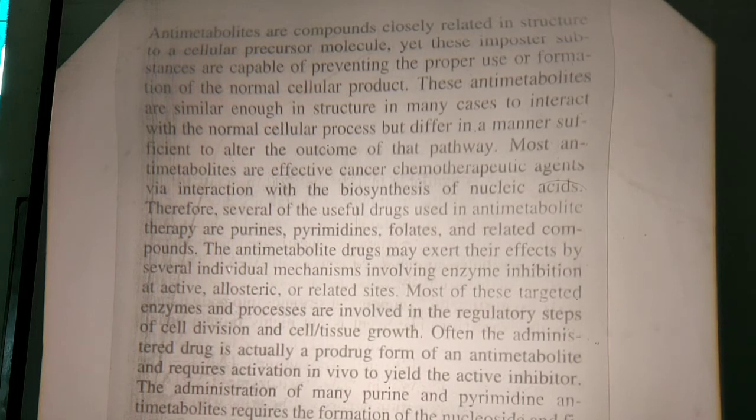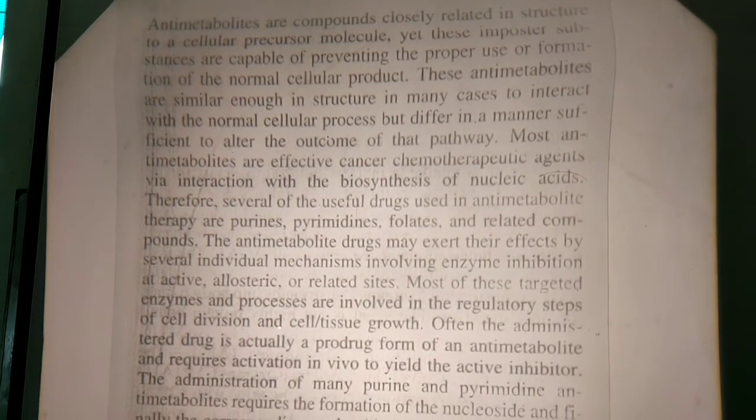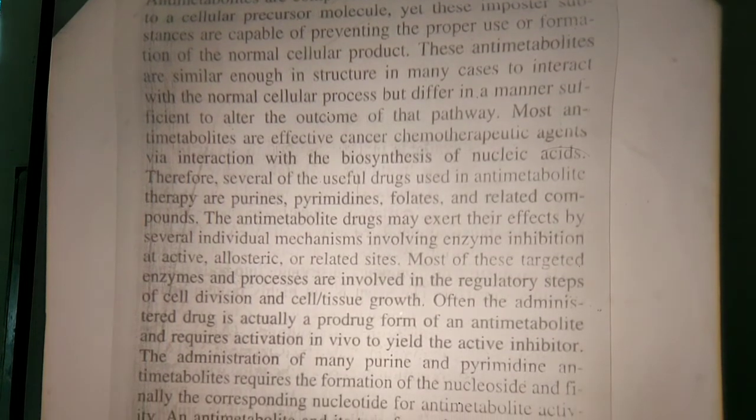The antimetabolite drugs may exert their effect by several individual mechanisms involving enzyme inhibition and active or allosteric sites, mostly enzyme inhibition. Most of these target enzymes and processes are involved in the regulatory steps of cell division and tissue growth.